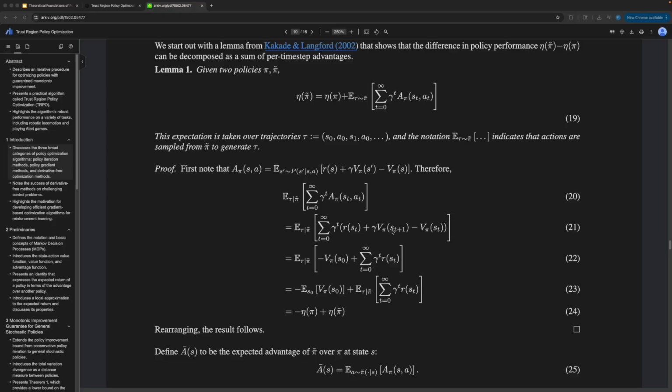The gamma times V pi of s_{t+1} gets cancelled with the next term, gamma times V pi of s_t.